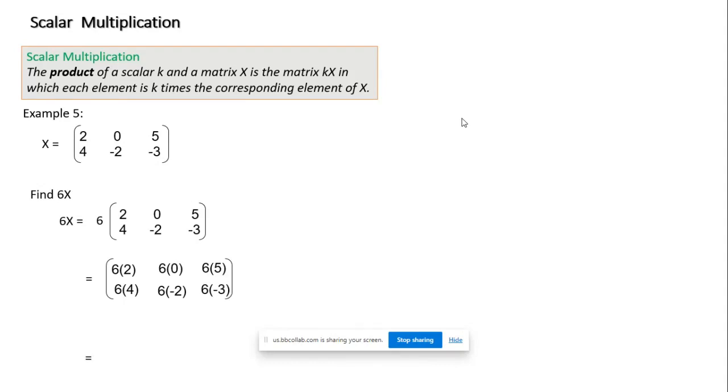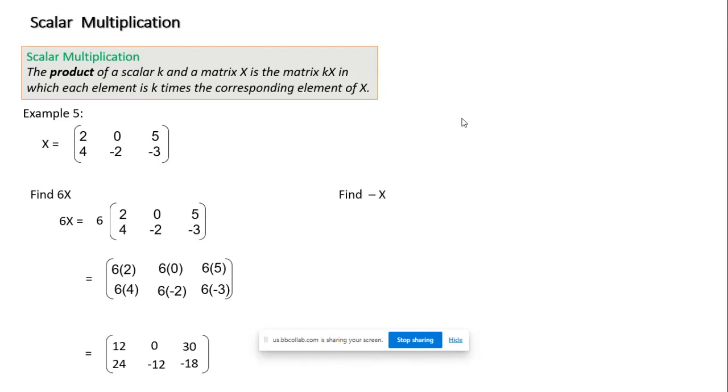Then I just simplify. 6 times 2 is 12, 6 times 0 is 0, 6 times 5 is 30, 6 times 4 is 24, 6 times a negative 2 is negative 12, 6 times a negative 3 is a negative 18. Okay? So this is what's called scalar multiplication, when I'm just multiplying a number to a matrix. And to do that, I just multiply that number to each element in the matrix.